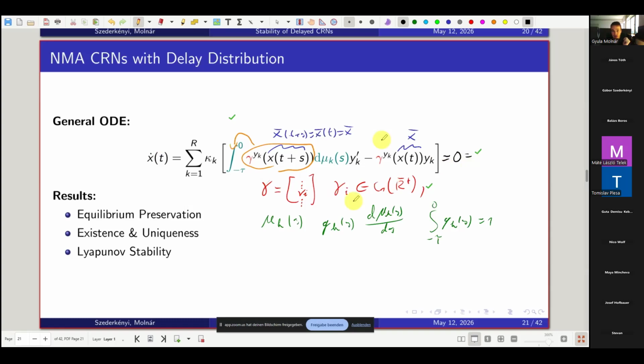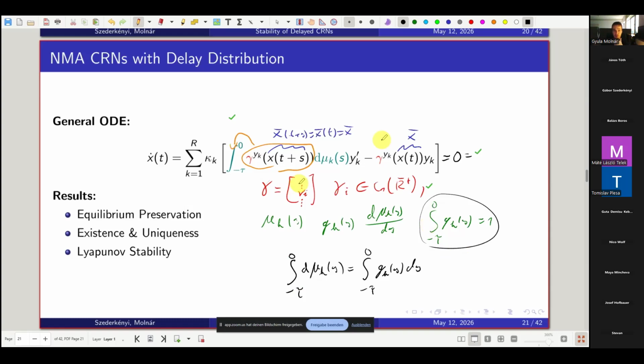And we have shown here that what remains, because it's a Stieltjes integral, can be rewritten like this, g_k(s) ds, and that has to evaluate to 1. So basically, this whole expression collapses into the non-delayed version.